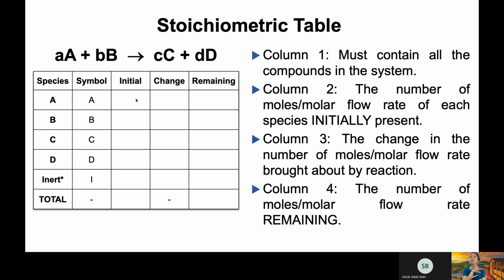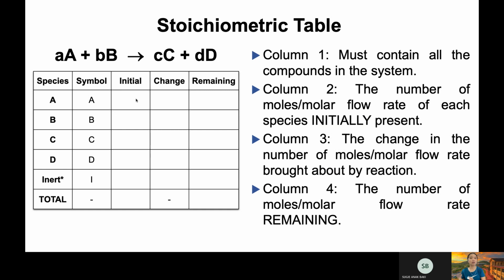So I know now my total in of the mole. So example katakan initial A 5 mole, initial B 4 mole, let's see. Katakan C and D produk, tak ada initial mole, katakan tak ada inert. So total mole 5 tambah 4 mole, 9 mole. So total mole yang masuk 9 mole, which come from A 5 mole, B 4 mole, let's see.